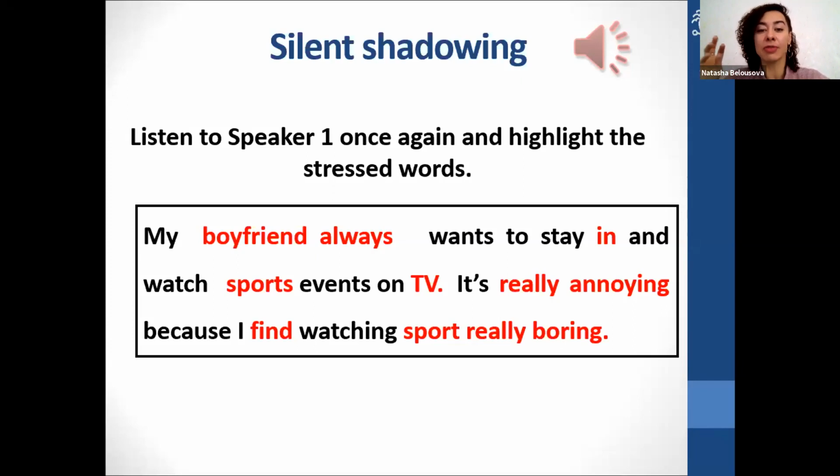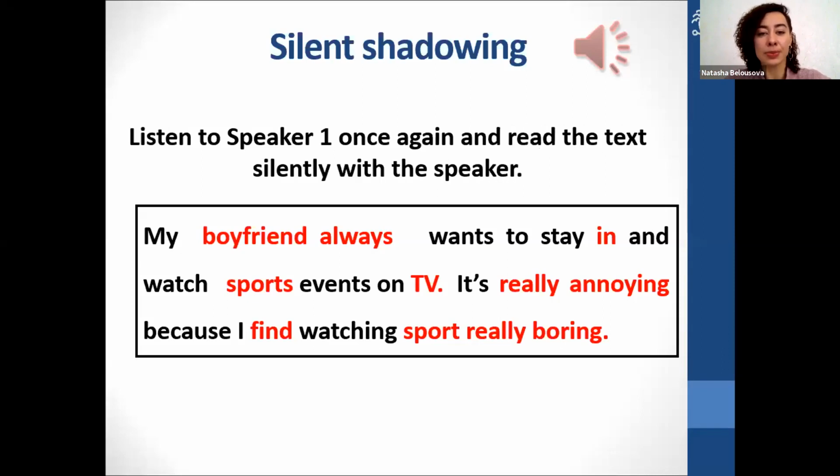So we've identified the stressed words, okay? Now, we are going to listen to this text once again. And now the task is to read the text with the speaker. Now you know what words are stressed, following the speed of the speaker, yeah, trying to keep up, stressing the important words that are highlighted already, but silently.